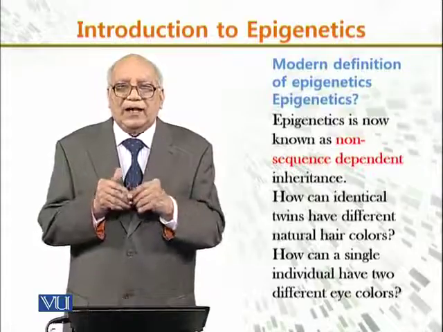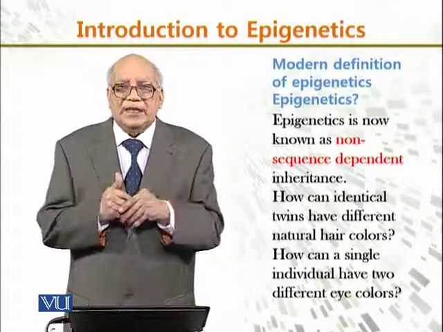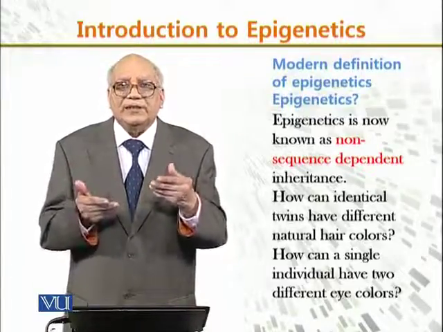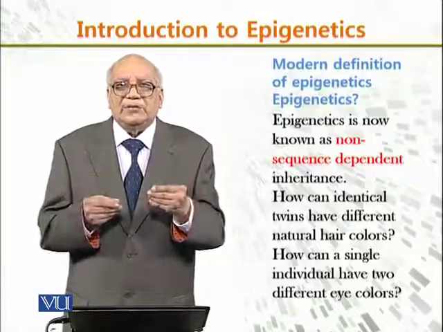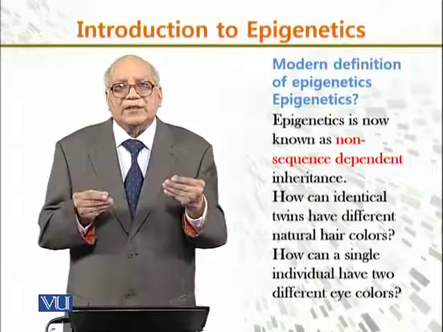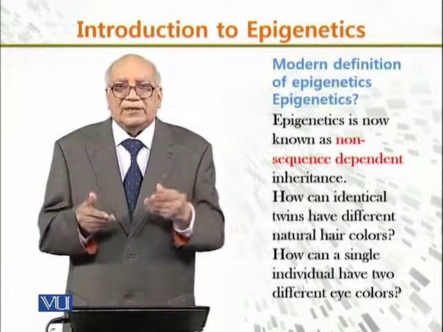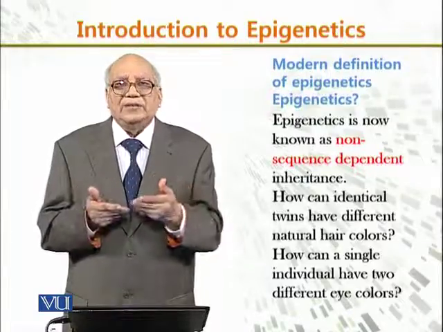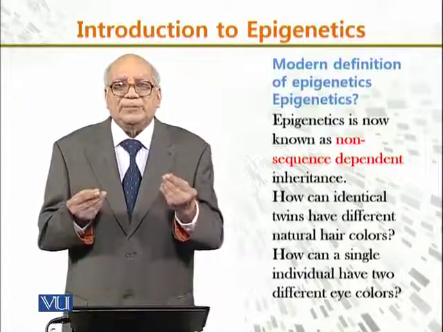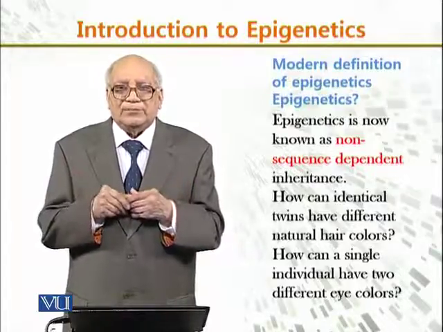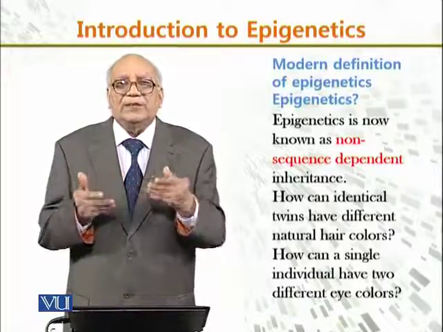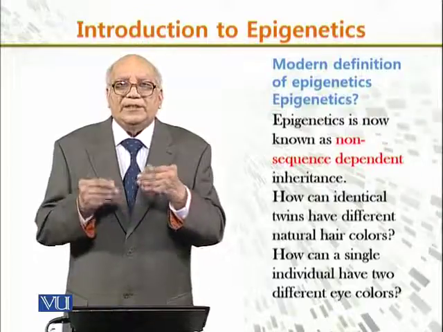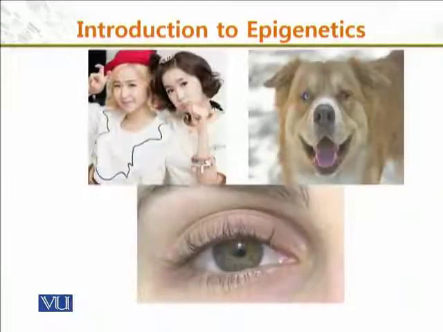And how can identical twins, for example, have different natural hair colors? We see in practice that human twins have different hair colors or other different characteristics. Similarly, a single individual can have different eye colors, or one animal or one person can have two eyes of different colors.